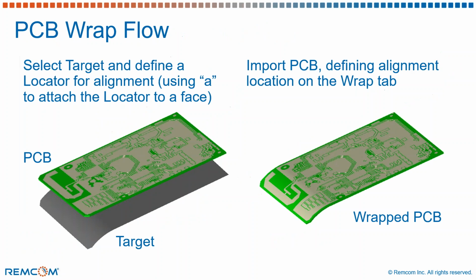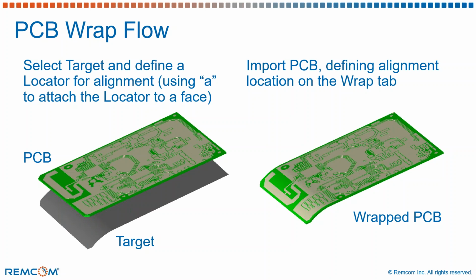The PCB wrapping flow is an extension of the current PCB import process. Similar to the wrap feature, you need to define a target and the source, and the source, of course, is the PCB. Since the PCB import is in a separate area of the application, the flow is slightly different from the wrap feature in that you need to select the target before you start importing the PCB.